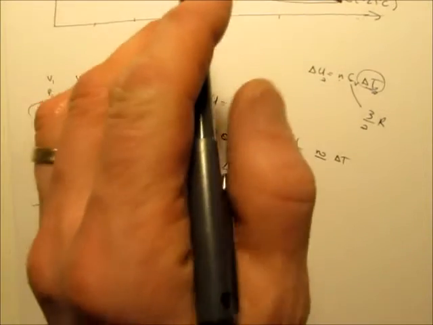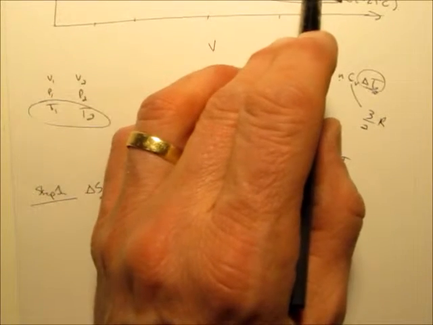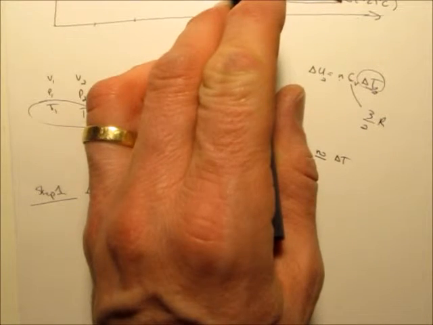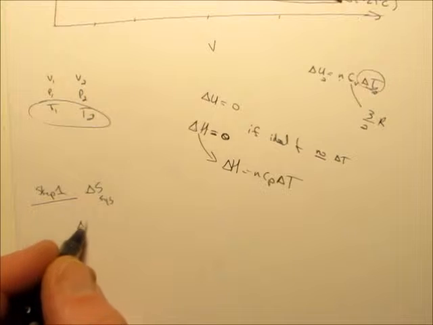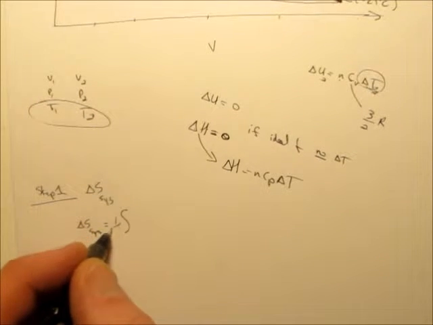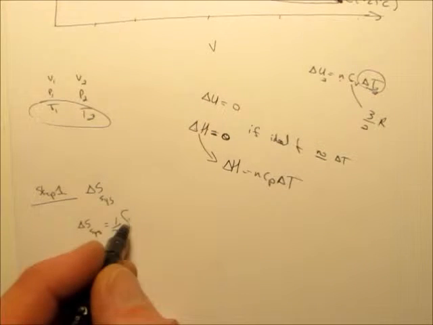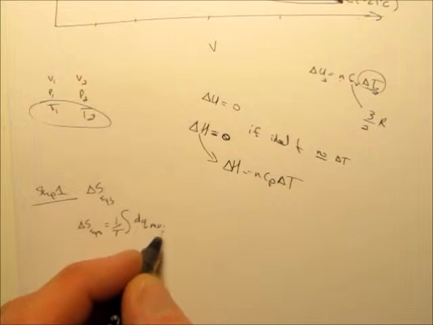We know that the volume definitely gets bigger. It is being done reversibly. So one of the things is, we know the change in entropy of the system will be the integral, and it was isothermal, so we get to bring the temperature out front, so you get dq reversible.